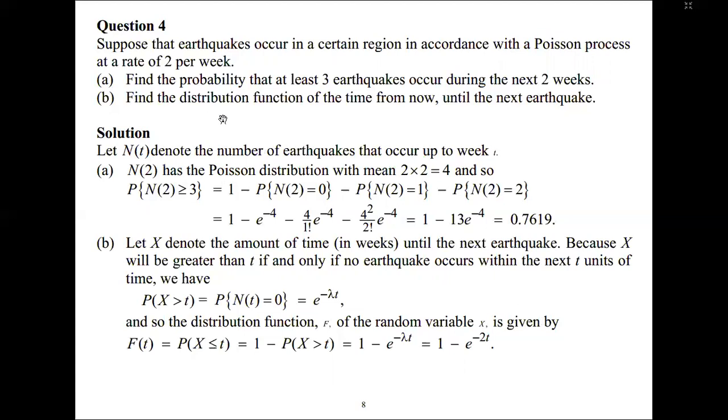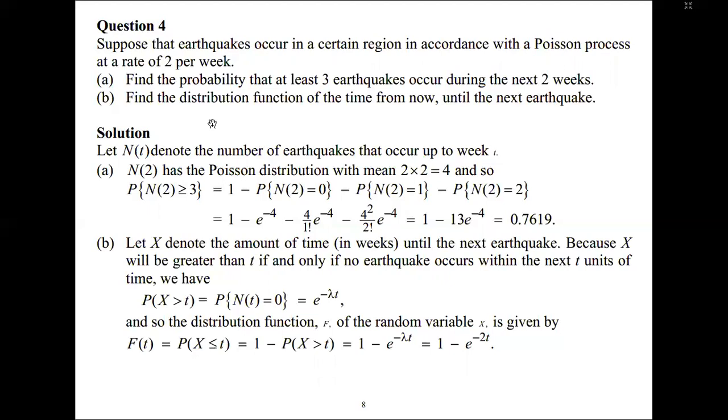So question 4. Suppose that earthquakes occur in a certain region in accordance with a Poisson process at the rate of what? 2 per week. So here was the rate. 2 earthquakes averagely occur per week. That is too much. If you are in an area where every week 2 earthquakes occur, it's too much.